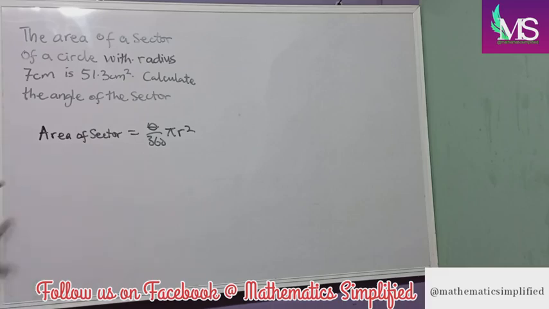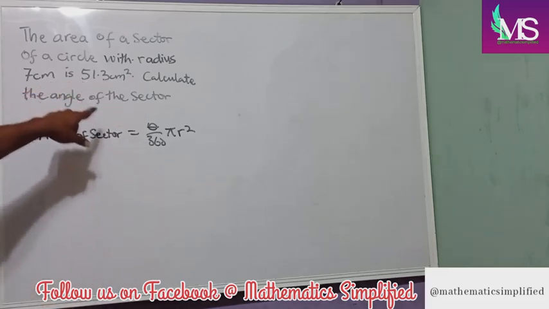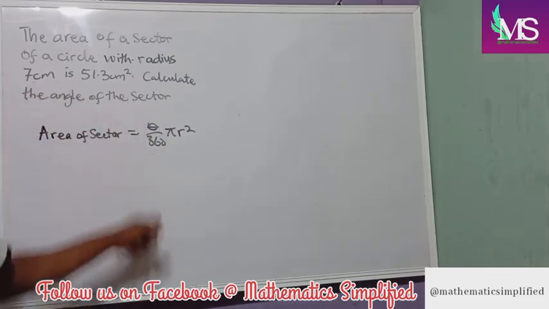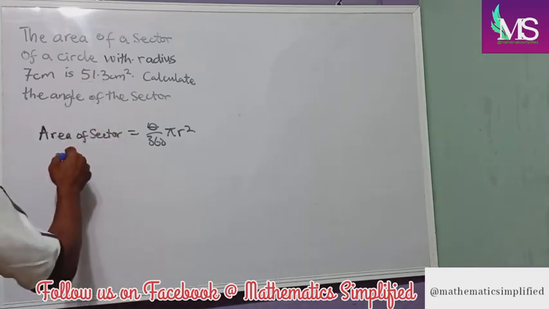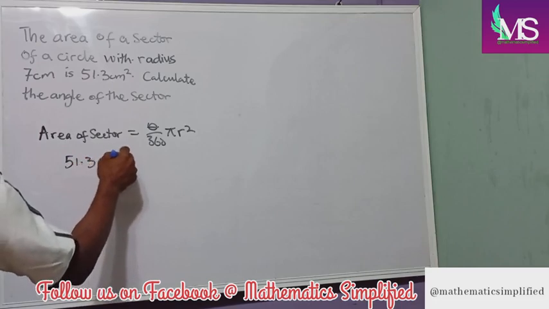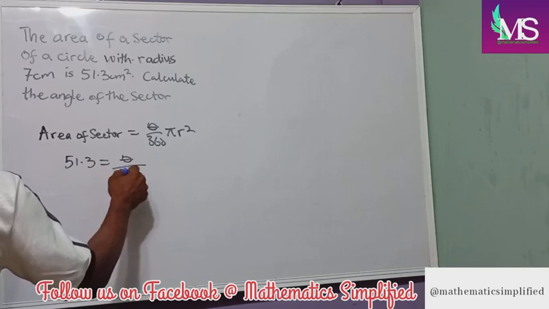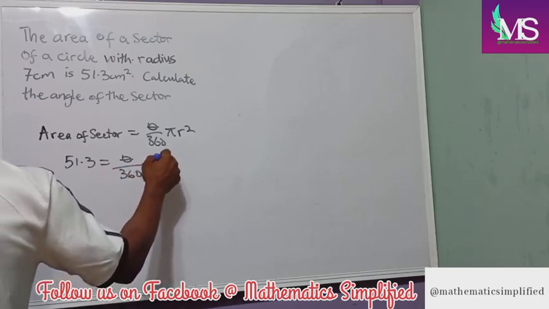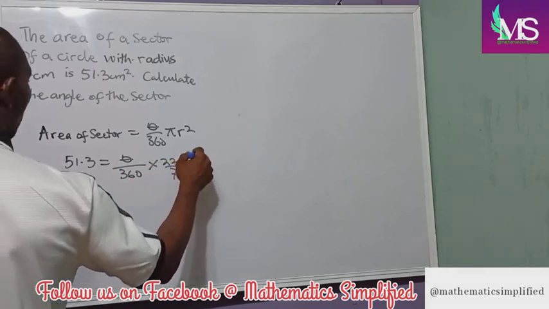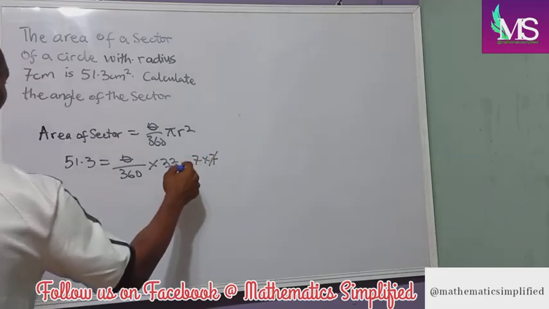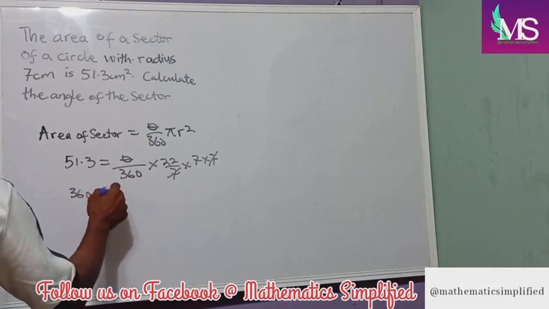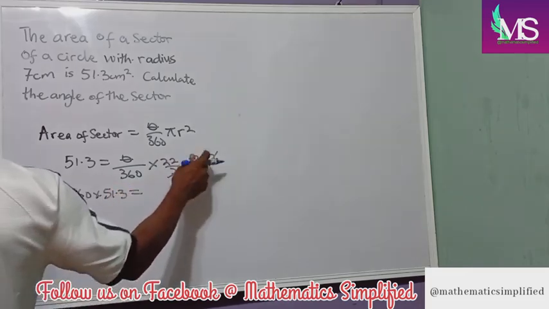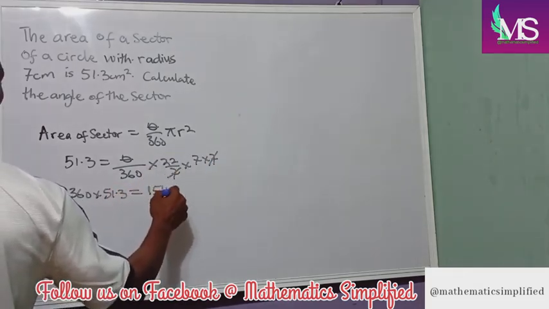Now, we've been given our area to be 51.3, our radius to be 7, and our pi is constant, which is 22 over 7. So this will become 51.3 equals theta, which we do not know, over 360 times 22 over 7 times 7 times 7. 7 here cancels 7, leaving us with 360 times 51.3 equals 22 times 7, which gives us 154 theta.